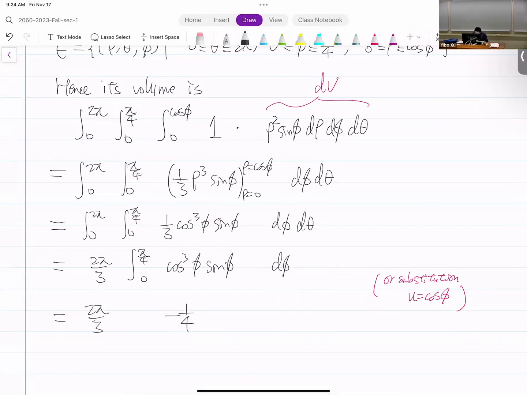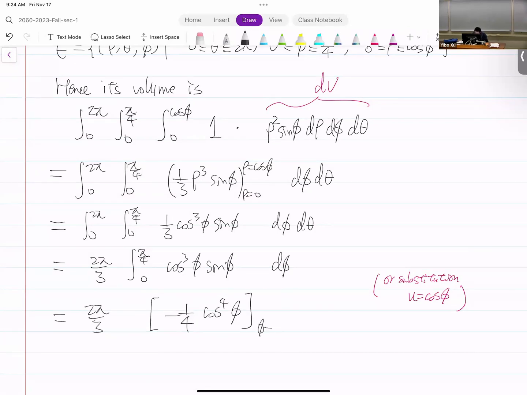This is -1/4 cosine to the 4th. You realize this is a derivative of the inner function. If you differentiate cosine to the 4th, it gives you 4 times cosine cubed times the derivative of the inner, which is negative sine, so everything cancels out.